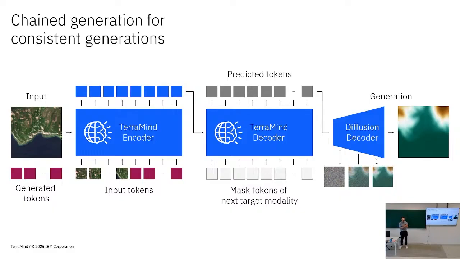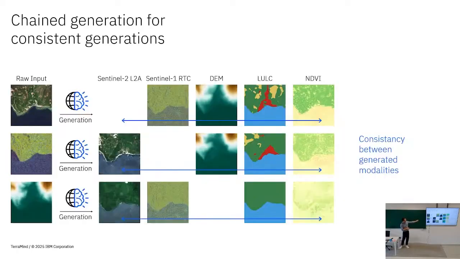Now if I then generate, for example, radar data, and next digital elevation data and next LULC data, I want those to be consistent. I want to make sure that across the different modalities, they conform with each other. And by inputting the predicted tokens to TerraMind during the generation for the next modality, we can make sure that we have a conditional probability distribution that makes sure the model is not generating a river here and next time it generates a mountain in the same area and next time it generates a sea in that area.